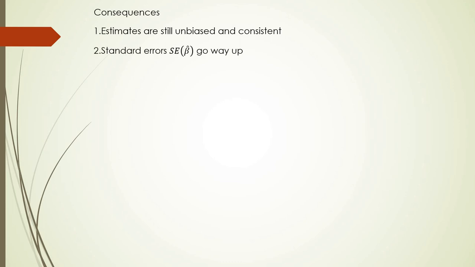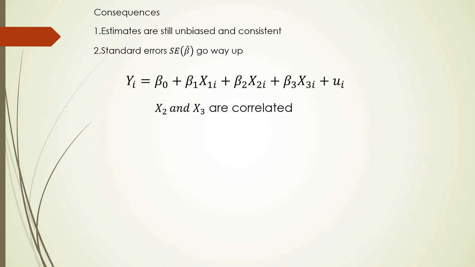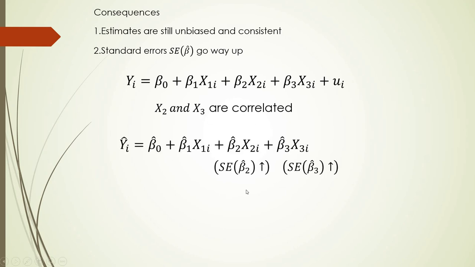The problem is the standard error of our coefficient estimates, because it will go up, it will be higher. So in our example, if x2 and x3 are imperfectly correlated, what will happen?